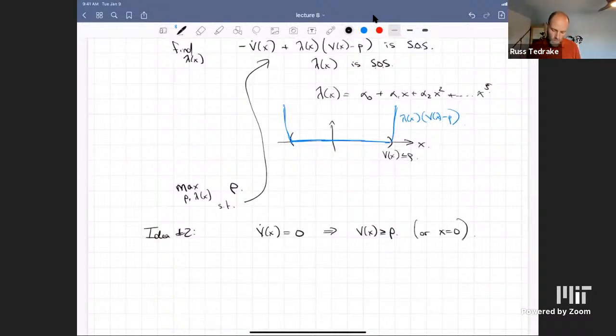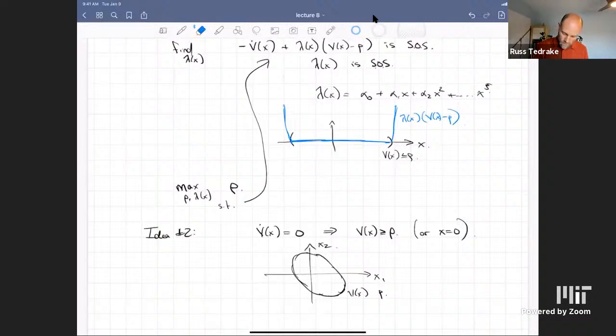So take a minute to appreciate this. Think of the right picture for you here. I think I need 2 dimensions to make this one work. x1 and x2, okay? Let's say I've got some region of attraction that I'm trying to verify, which is my v of x less than rho. I guess that's the equal to rho level set that I've drawn.